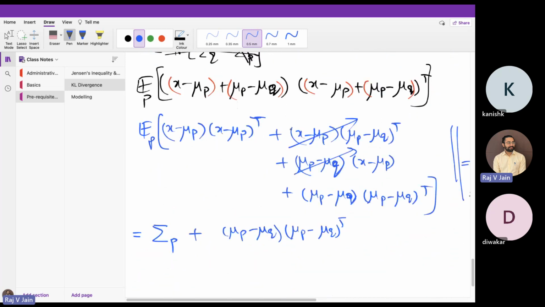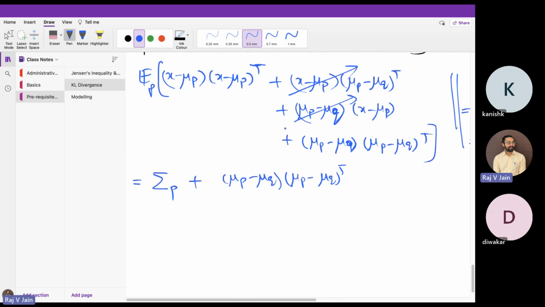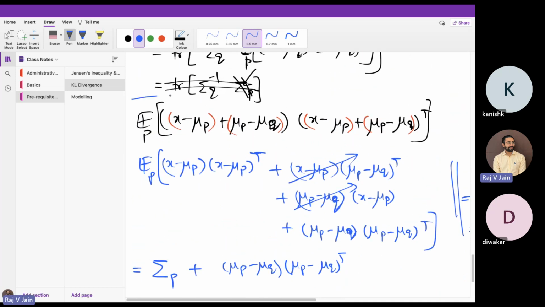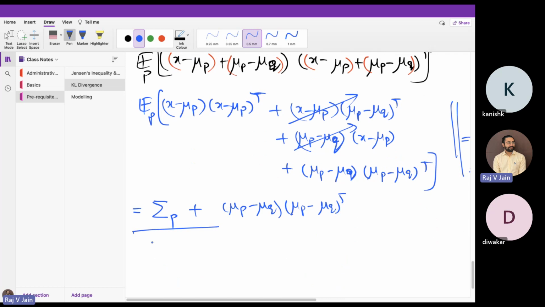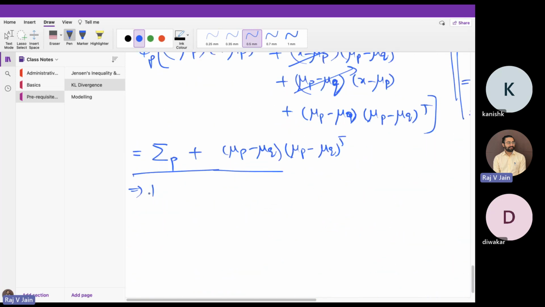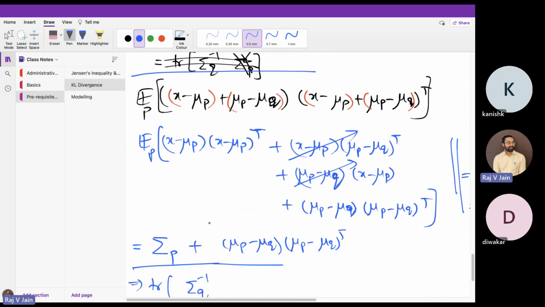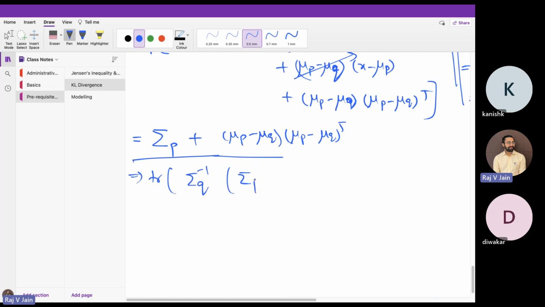So continuing, this becomes equal to trace of sigma Q inverse, which I had at the top, into sigma P plus mu P minus mu Q into mu P minus mu Q transpose.